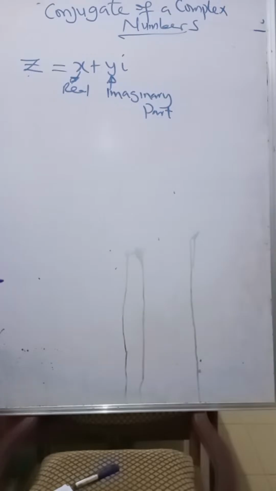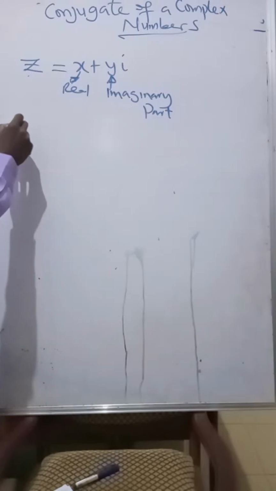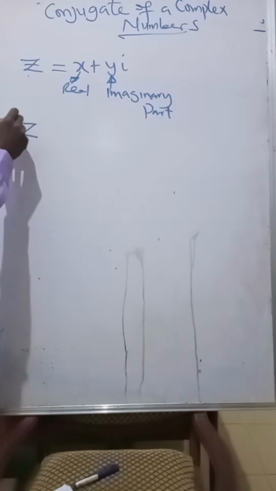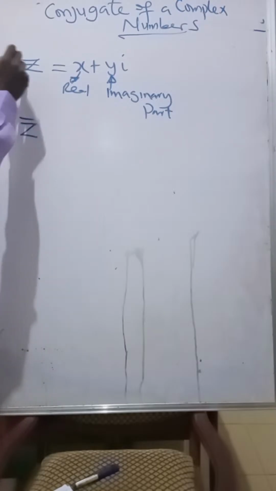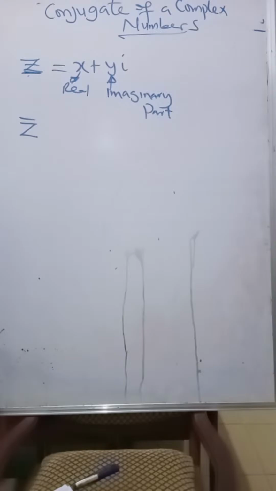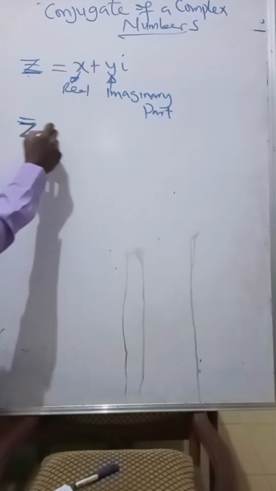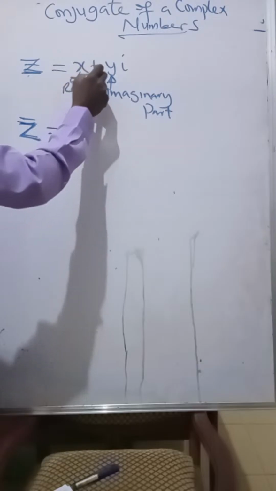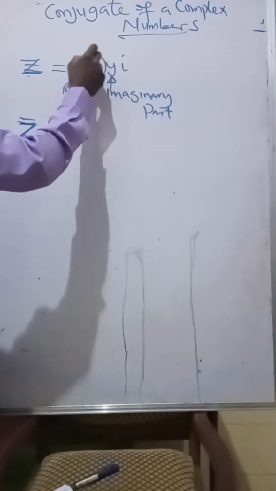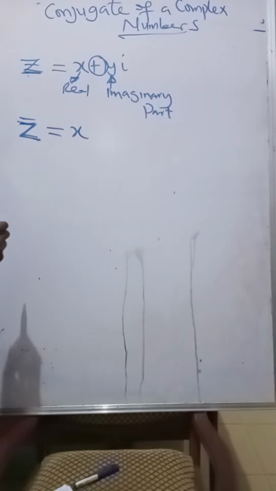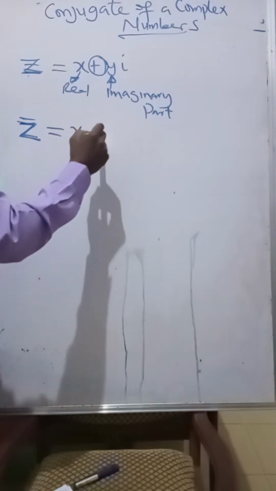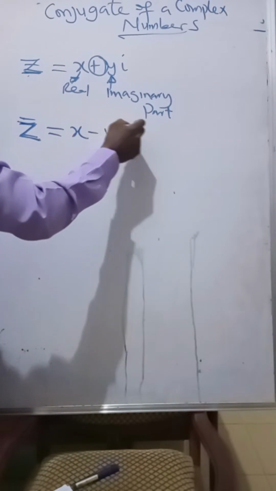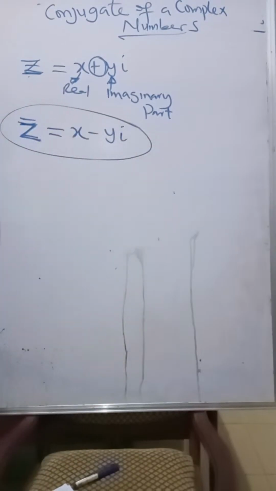In that case, the conjugate has the symbol of z with a bar on top, z bar. What we do for the conjugate is very simple. You just go to the imaginary part and change the sign in that part, and that will be minus y. That's what we call the conjugate.